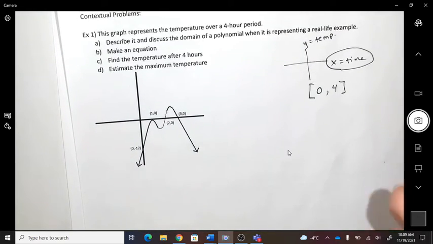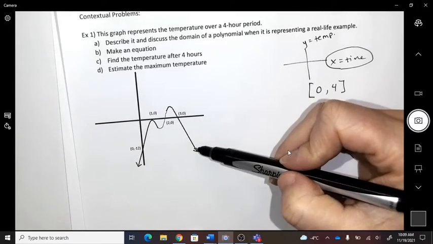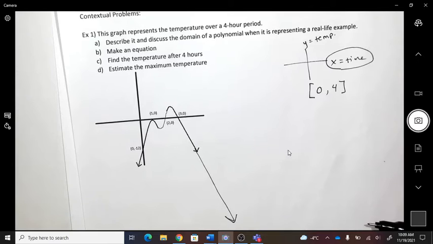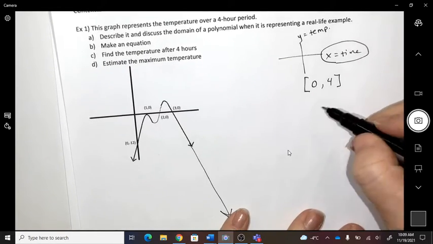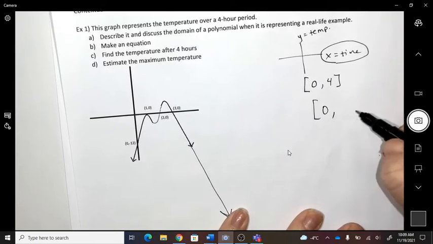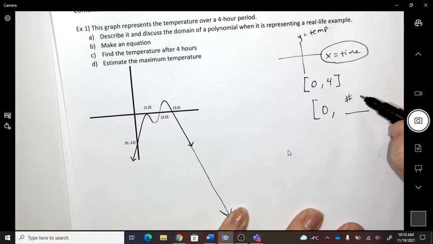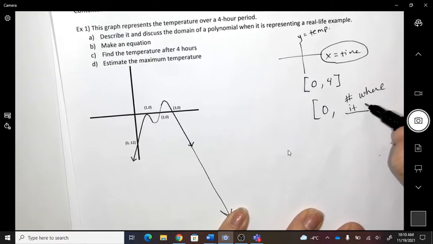But if I didn't talk about a 4-hour period, what do you know about what's happening here? Does this make sense that, let's say, after 10 hours, the temperature is negative 300 degrees Celsius? No, that doesn't really even make sense. So first of all, that's for sure 0, but it's going to go to a number where it doesn't make sense anymore.